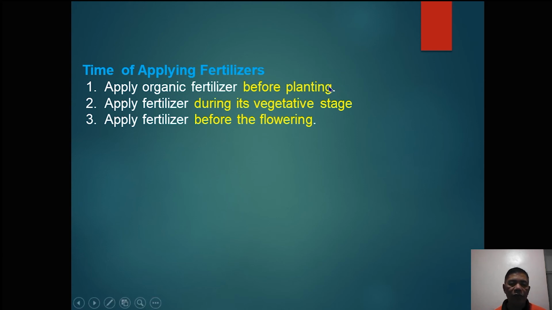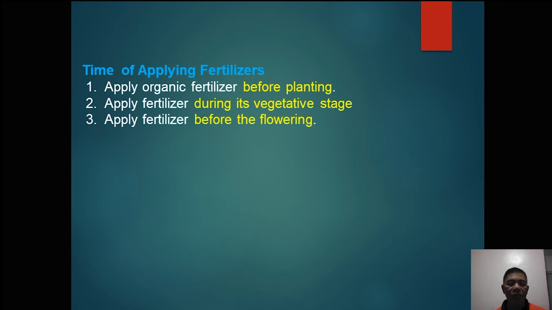Because when you plant directly after applying fertilizer, there might be deficiency symptoms which might occur on the newly planted crops or seedlings.